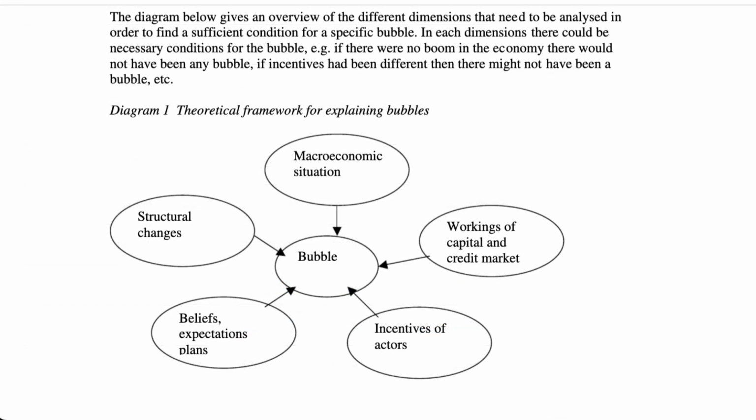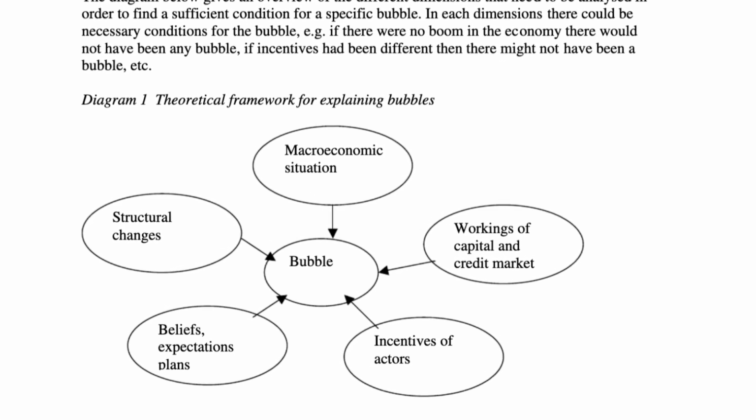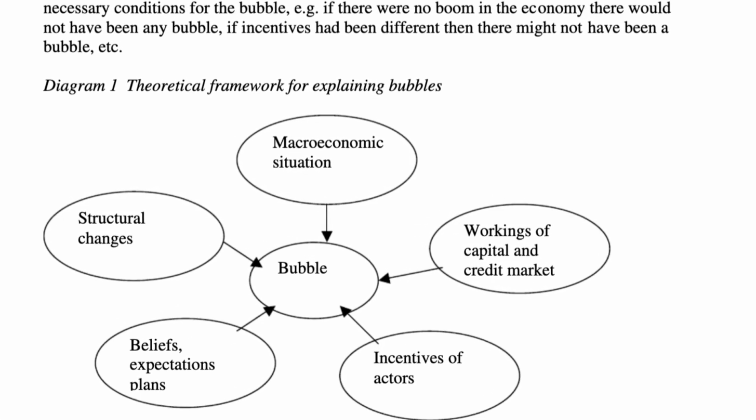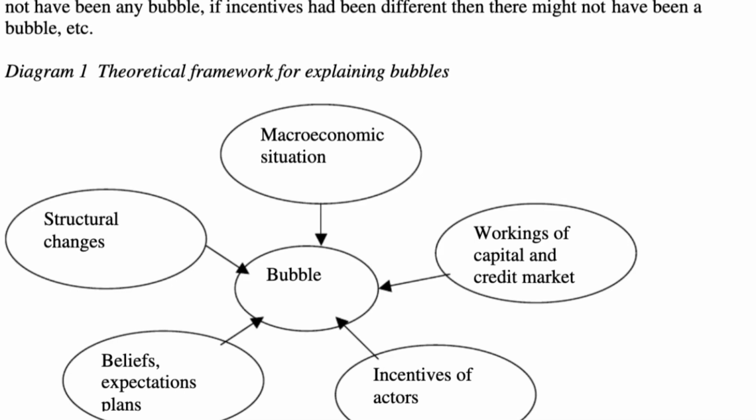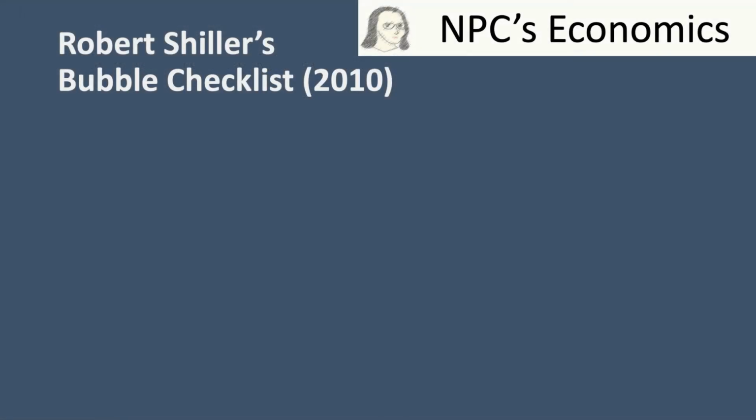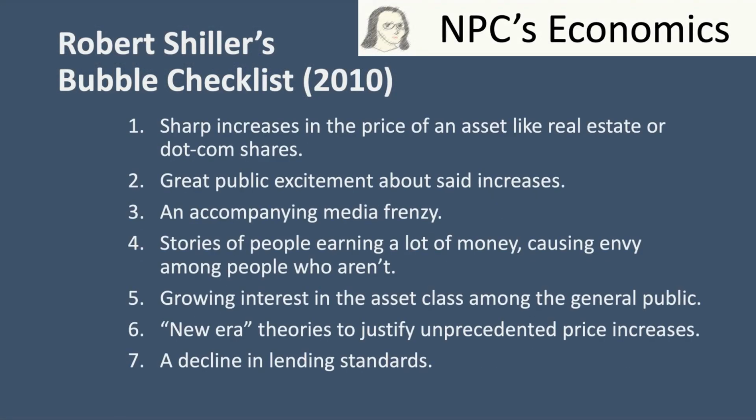It should be noted that what Hans Lind developed is not a checklist, but rather a system of bubble indicators. As I showed in the previous video, Robert Shiller's checklist only discusses the increase in the prices and the agents' behaviors that drive the increase.